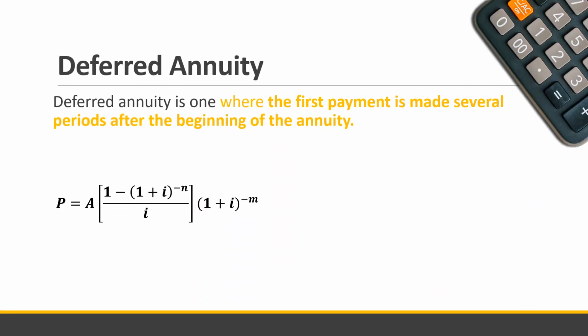Next is deferred annuity. So this is annuity where the first payment is made several periods after the beginning of the annuity. So we will draw a diagram here.